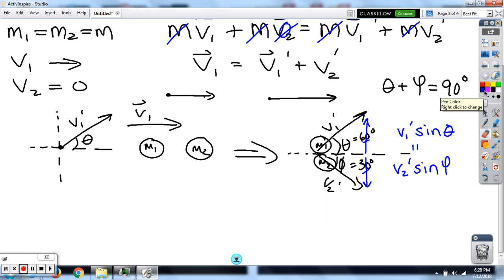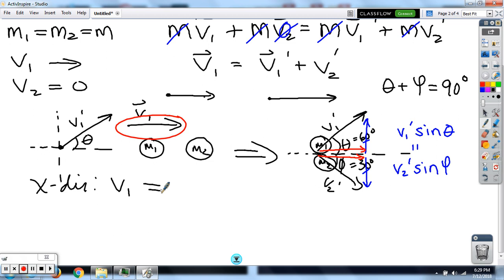What we know is that the two x components here, this one and this one, together they add up to give us this one. So let's write that out in an equation. So that is v1, which is just x component. This is x direction information.